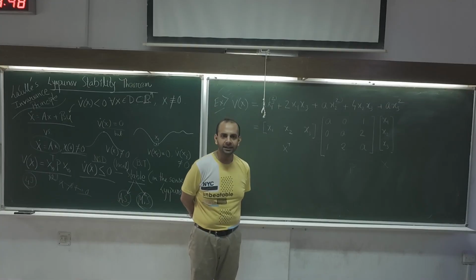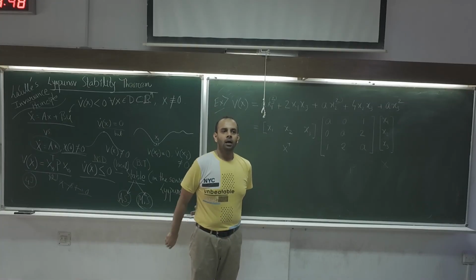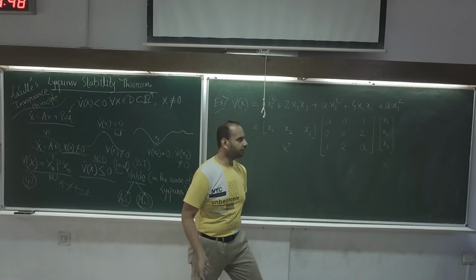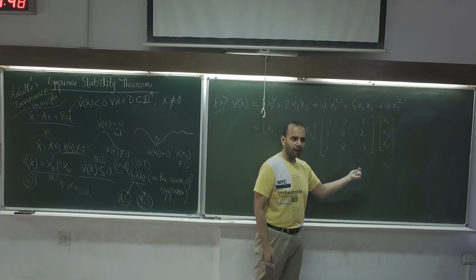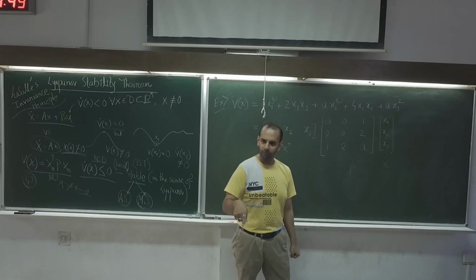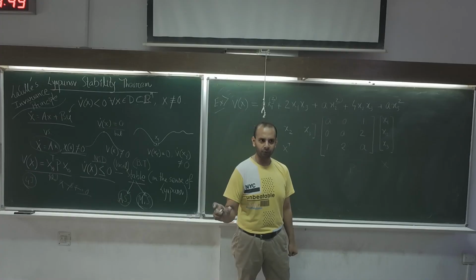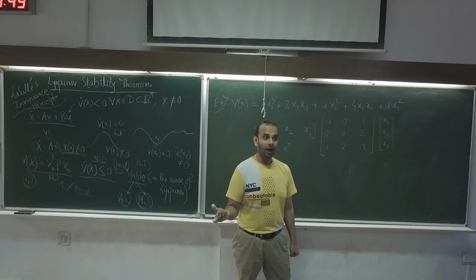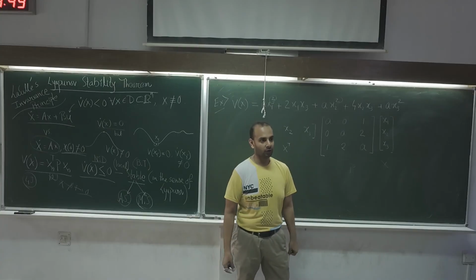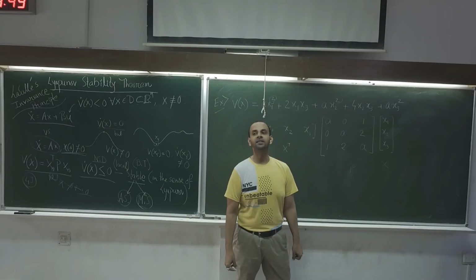Just a small hint: what is the first principle approach? You take this whole matrix and find the determinant, and from that you can work with eigenvalues, right? So that is the first principle approach. But there is a shortcut. What is that? Shortcut approach is the leading principal minors.